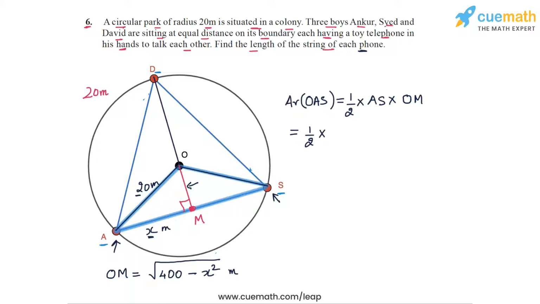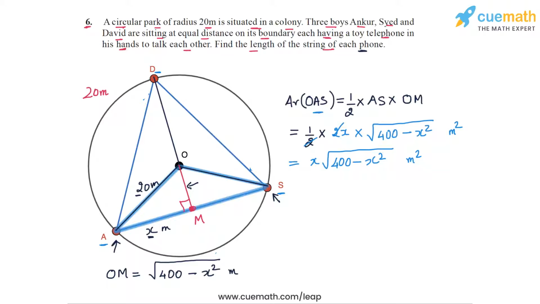Half into AS, which is twice of AM, so 2x, into OM, which is root of 400 minus x square, these many meters square. So this 2 and 2 cancel out. So we have x times root of 400 minus x square meter square. So this is the area of triangle OAS.